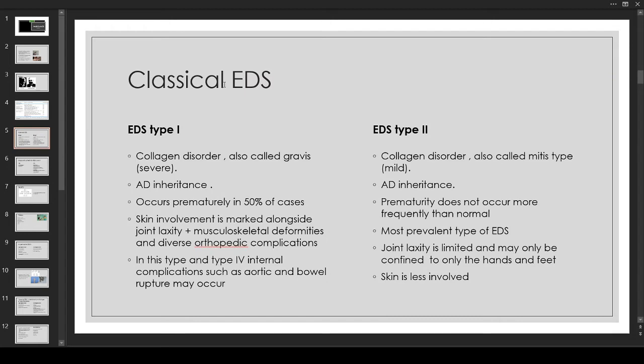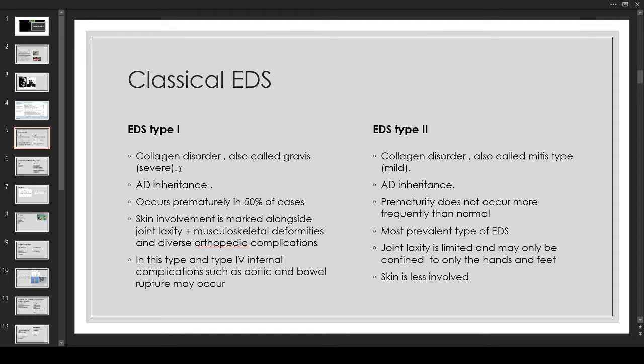Now, classical EDS. In this type, type 1 and type 2 are spoken of together due to the similarities between the two. Let's begin with type 1.